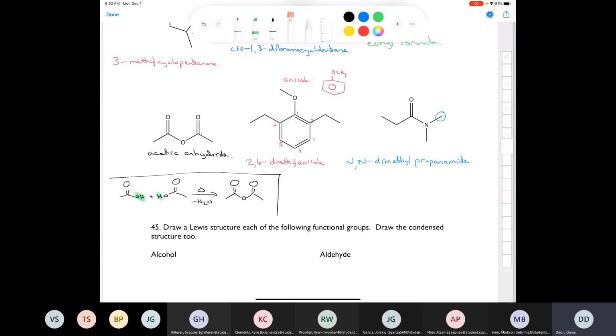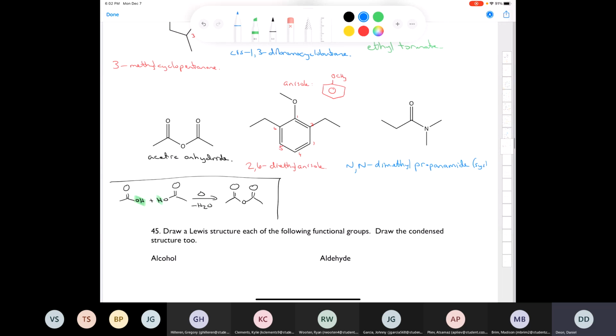It's also got a common name. I'm going to blow your mind here. The common name for this molecule would be N,N-dimethyl propionamide. Okay, so that would be common.